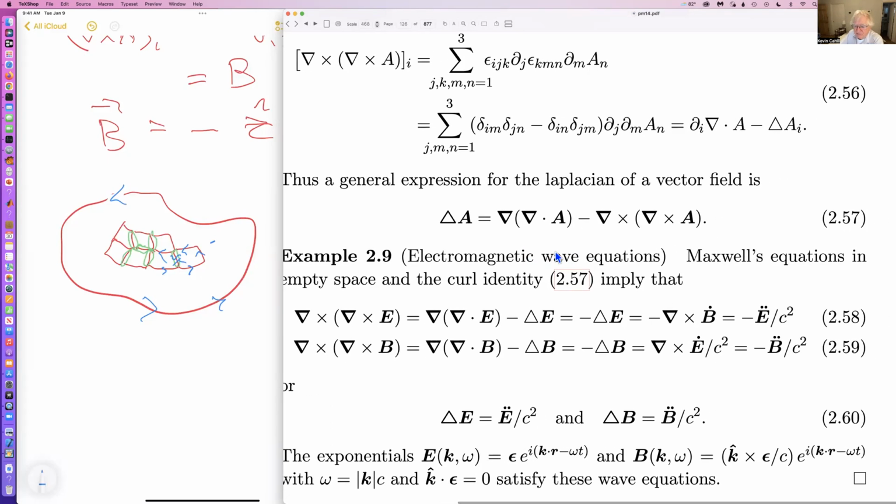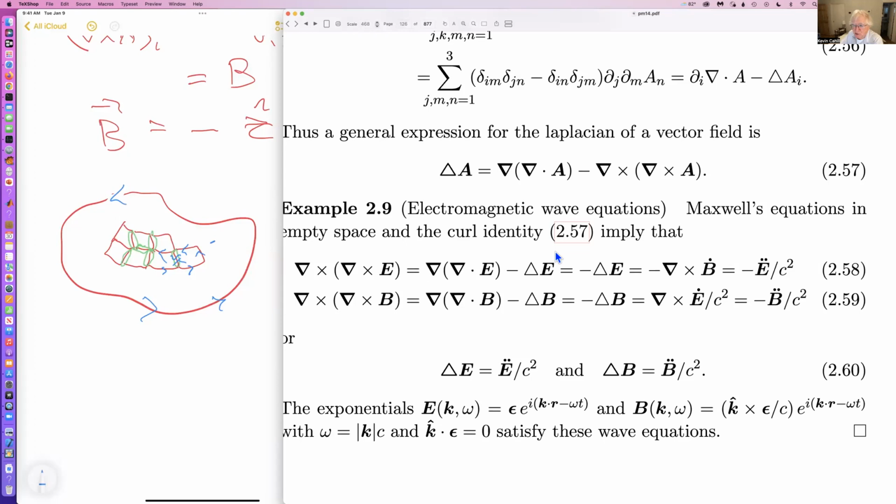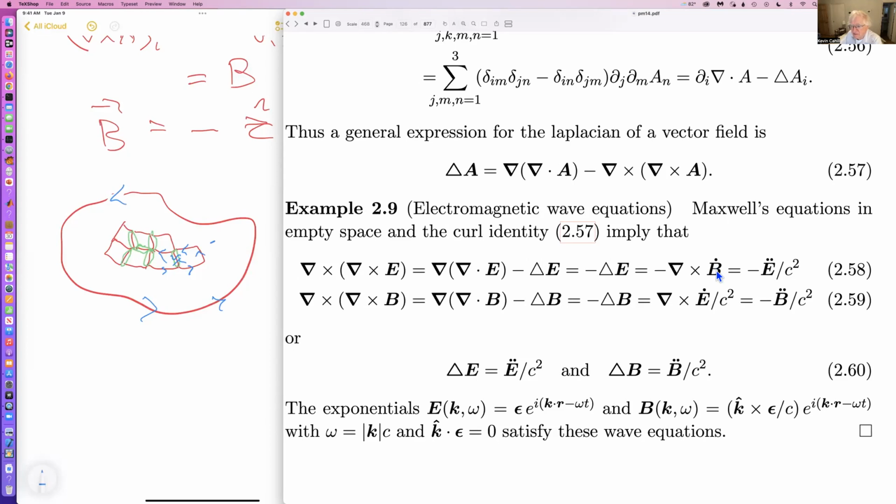If one applies these to Maxwell's equations, then the curl of the curl is the gradient of divergence minus the Laplacian. In empty space, the divergence of E vanishes, and you just have the Laplacian of E. But the curl of E is minus B dot and the curl of B is E dot, and so you get minus E double dot over c squared.